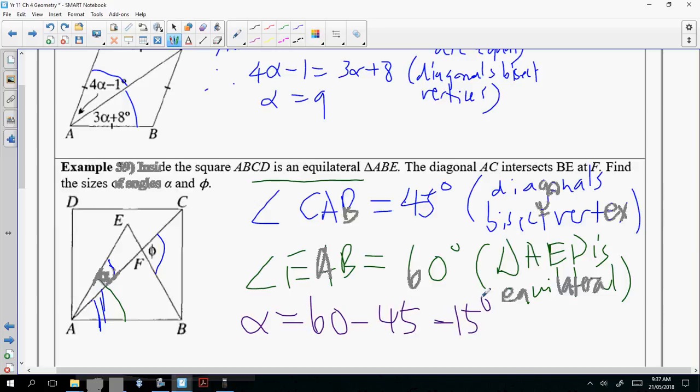Okay, so what do we do after this? We're going to find phi. Anyone want to suggest? Angle ABE, yep, that's equal to 60. Yep, how would that help us?